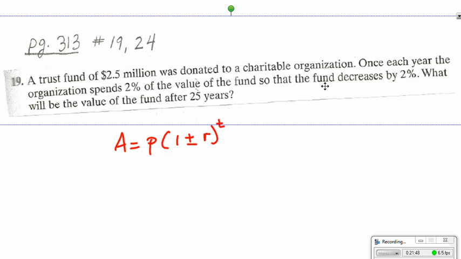Now, this is when there's annual compounding, meaning it happens once a year. Then what's going to happen is this: 2.5 million. I'm going to keep the unit as a million, and then 1 minus 0.02. That's a 2% decrease. And then the year is 25, so that's basically what we have to do.